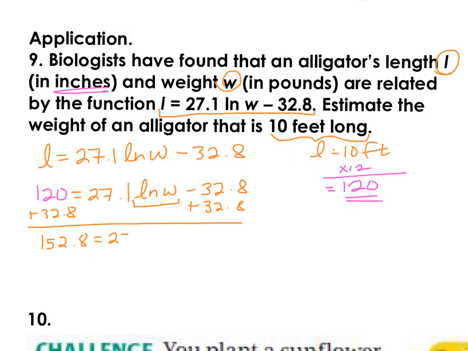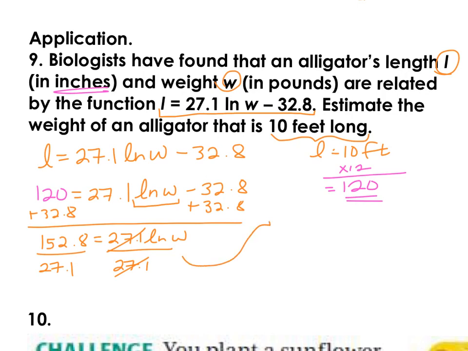Equals 27.1 ln W. Now to get ln W by itself, we have to divide by 27.1. I'm going to go out on a limb here and say that 27.1 doesn't go into 152.8 evenly, so I'm going to leave it as that fraction. It's kind of messy, I know.